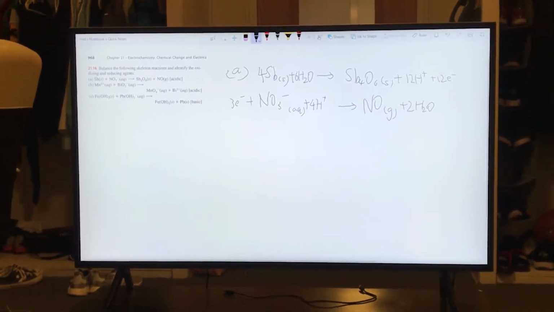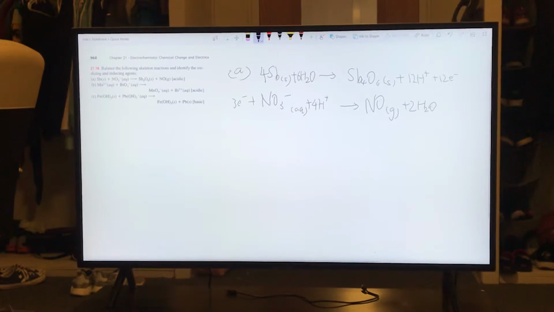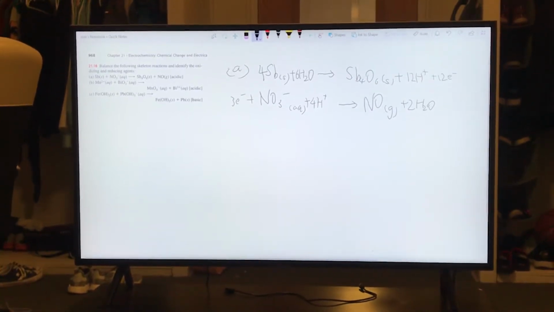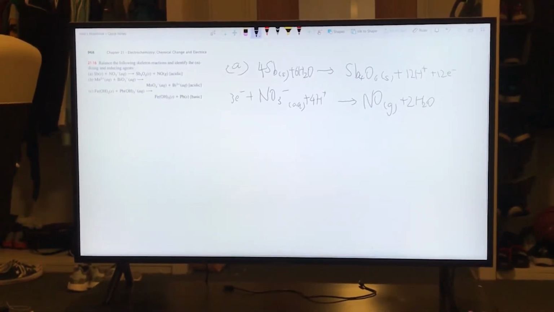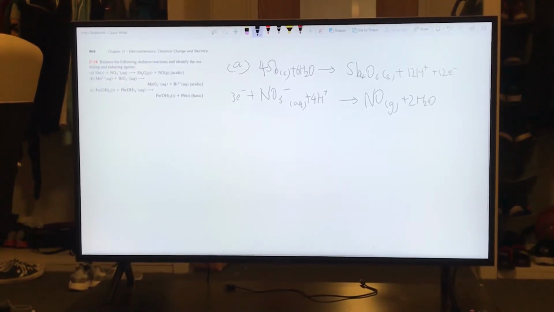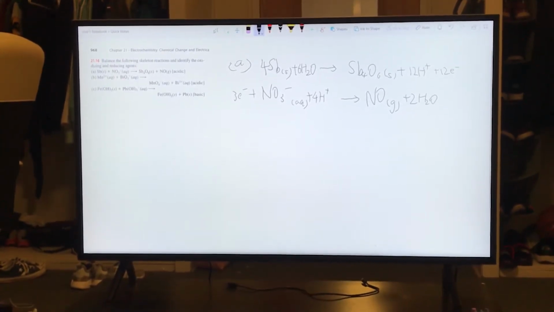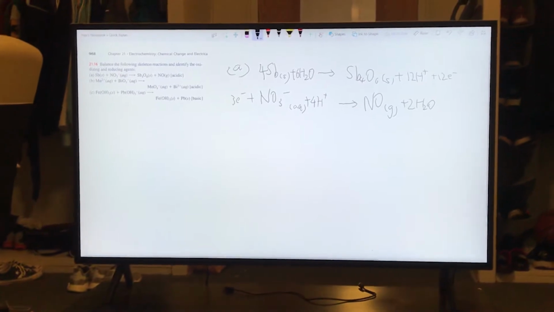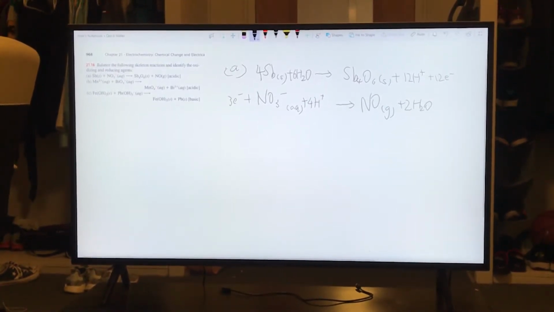Now both of these half reactions are balanced, so we need to add them together. As we are adding them together, we need to cancel out the electrons, which means that we need to multiply the second half reaction by 4.